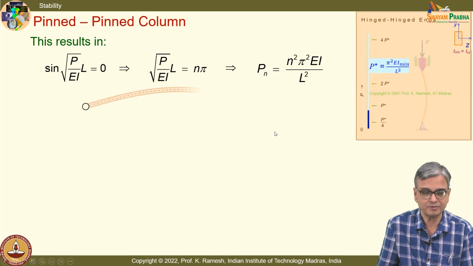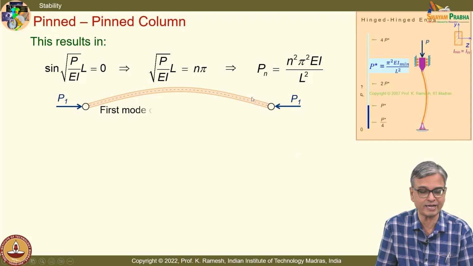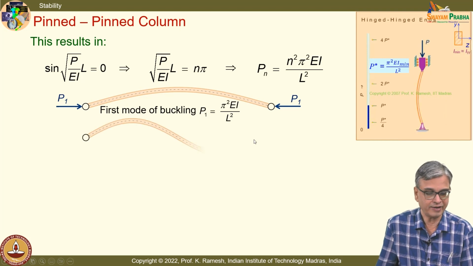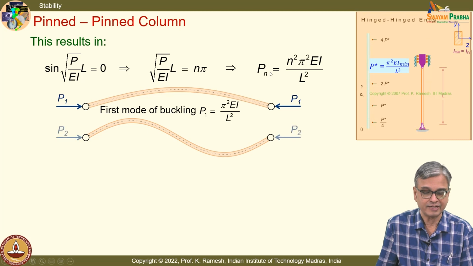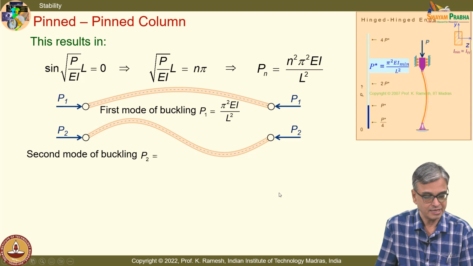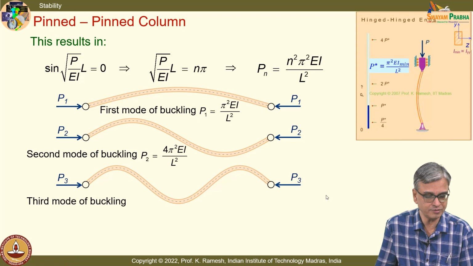When n is 1, you have this simple shape, the first mode of buckling. I have this as pi squared EI by L squared, and when I have n equal to 2, I get the second mode, and P2 is 4 pi squared EI by L squared, and when I have n equal to 3, I have the third mode.